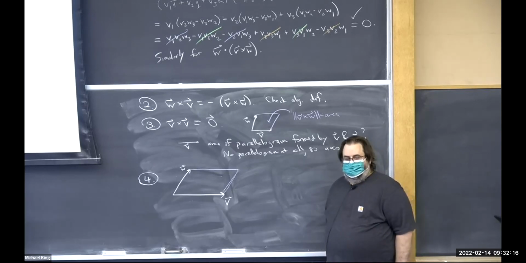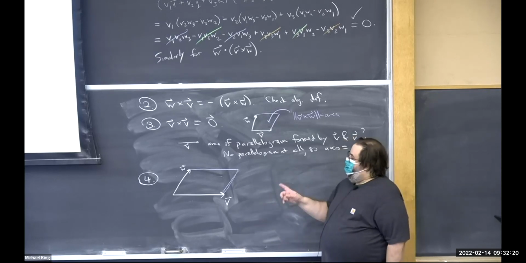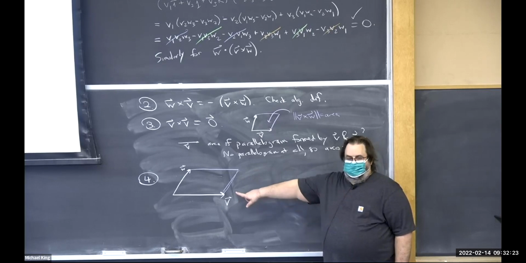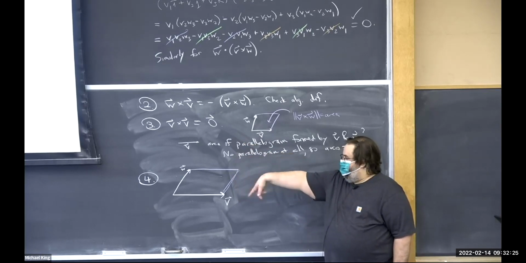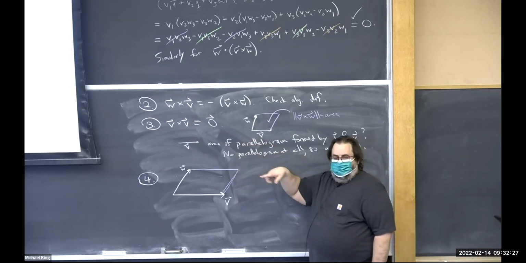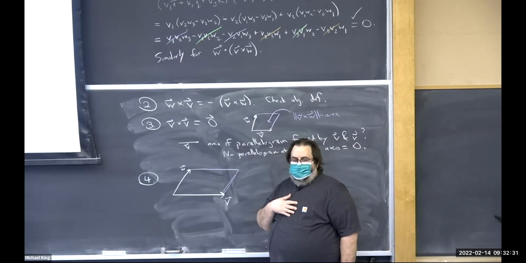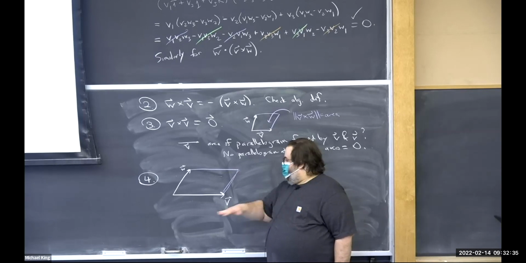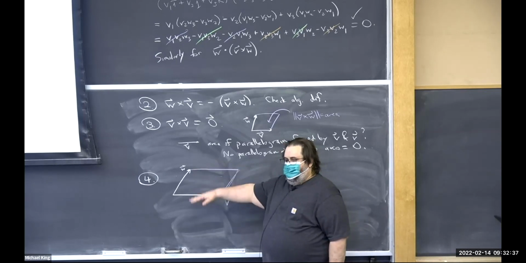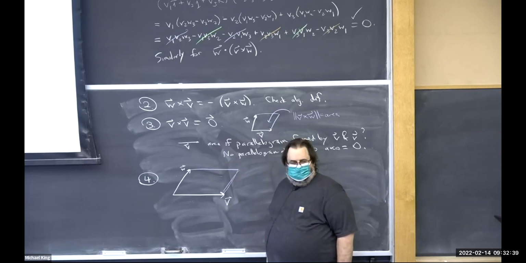Well, yeah, but I'm asking for just basic geometry, not magnitude, not a cross product. Well, why is the sine theta there? What's the formula for it? Yeah, it's base times height, right?